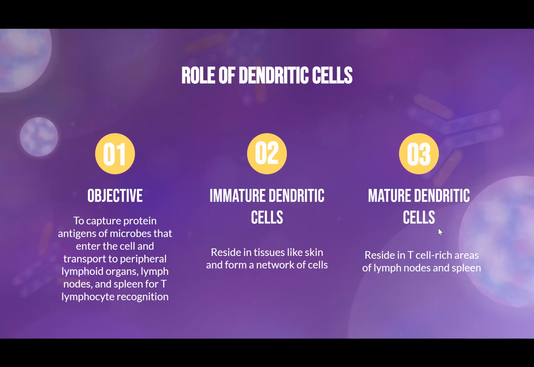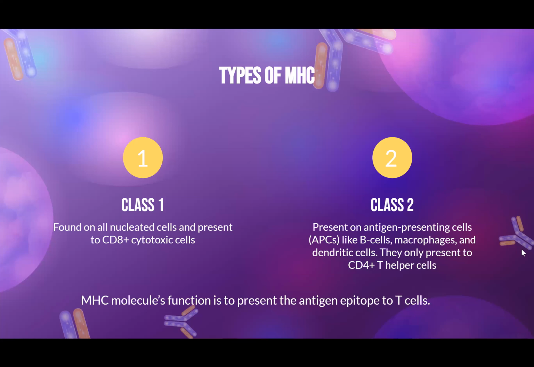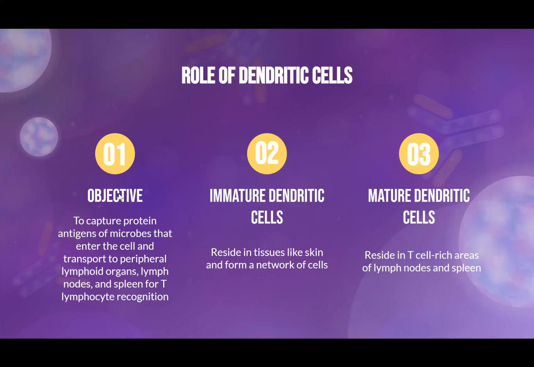So the role of dendritic cells, which, as I said in the previous slides, can be these APCs. The objective of dendritic cells is to capture protein antigens of microbes that enter the body and transport them to peripheral lymphoid organs, lymph nodes, and the spleen for T lymphocyte recognition.